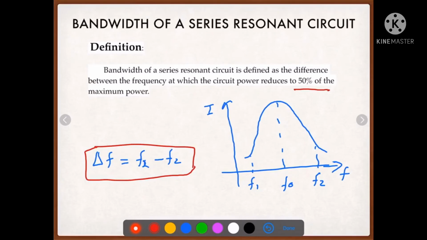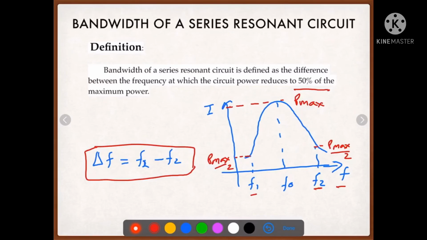So we know that at resonance we get maximum power in a series circuit. Here at F1 we will have P max by 2, and here also we will have P max by 2. So how will we come to know the values of F1 and F2?